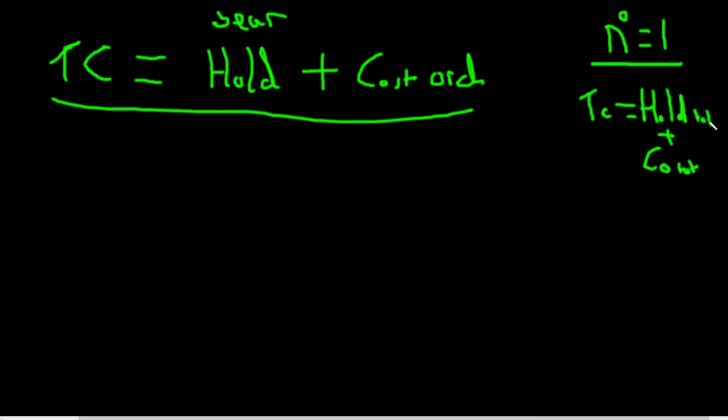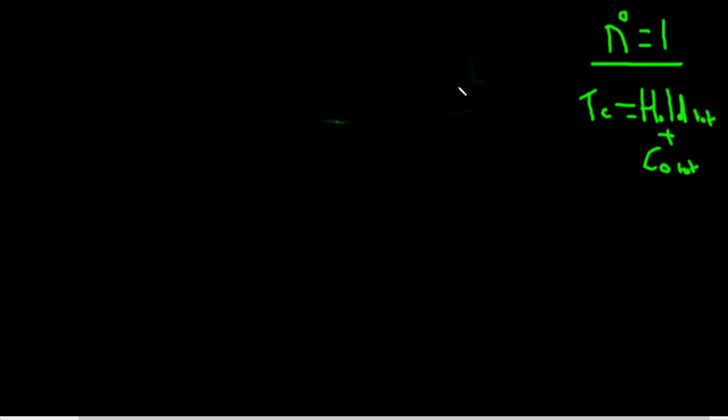Okay. So what we've got to do is try and figure out about each of these individually. Okay, so I'll get rid of this. So we'll start with the cost of ordering.